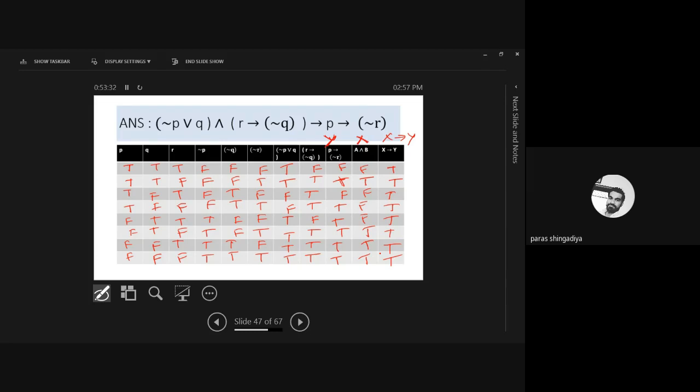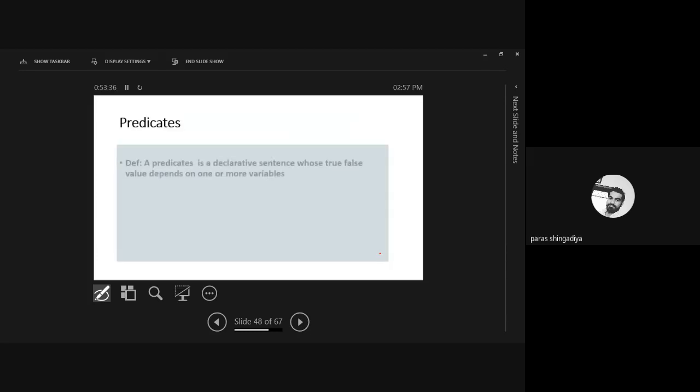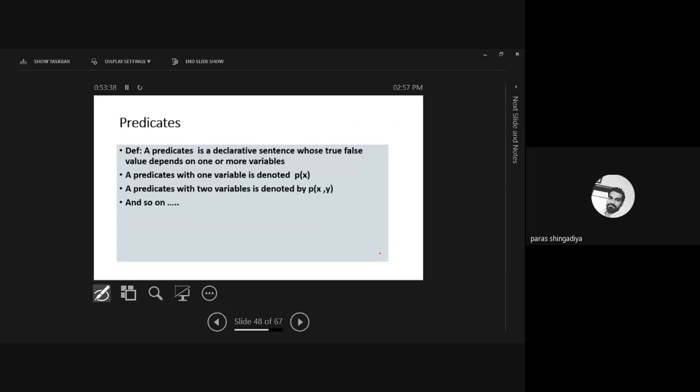Clear, so is there any confusion in this logic concept? Is there any doubt to anyone? You just have to check your answer by using a truth table. Clear? If it is a case of tautology, logical equivalence, or validity of argument, we just prove this answer by using the concept of truth table.